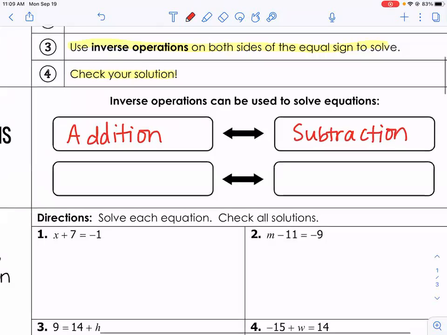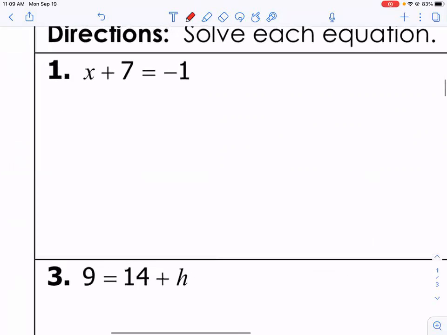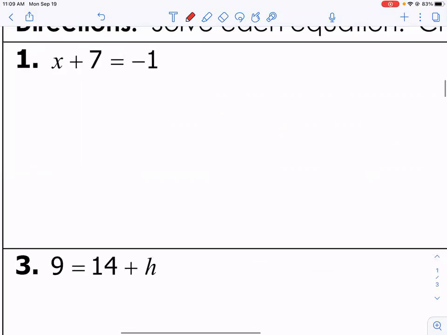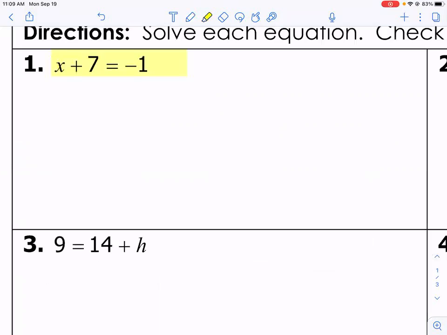I would like you to go to number 1 right here. Okay, we have x plus 7 equals -1. Well, x is our variable and our job is to solve for what x is and show our work while doing it.